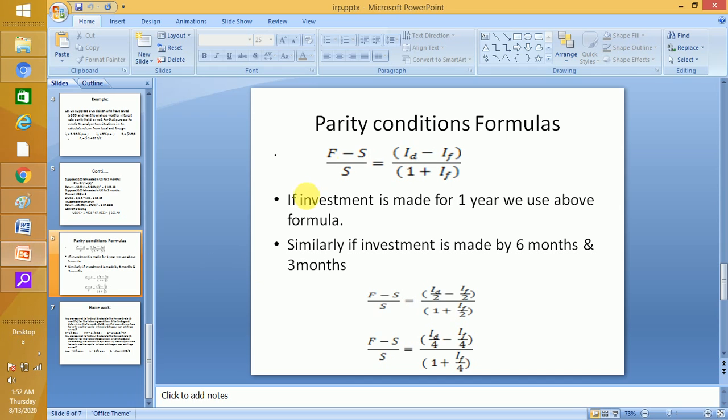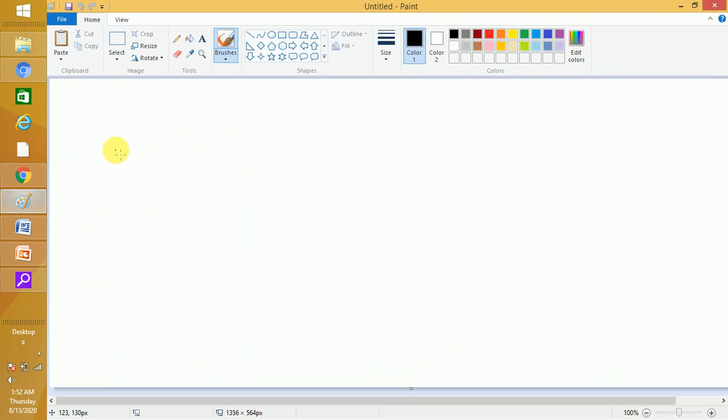Now look at the formula: (F minus S) divided by S is equal to (ID minus IF) divided by (1 plus IF).